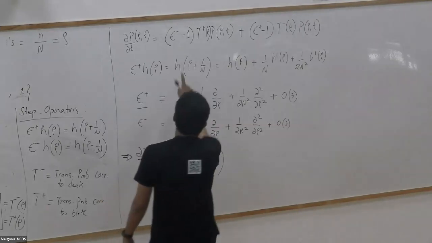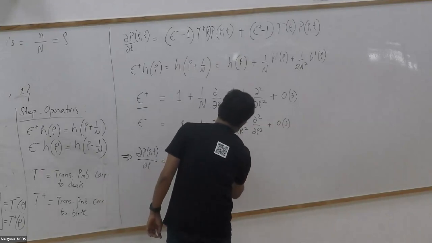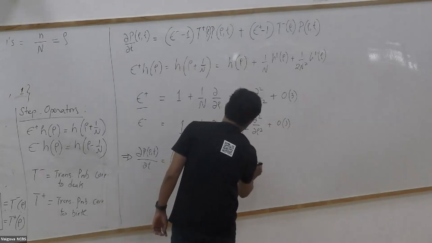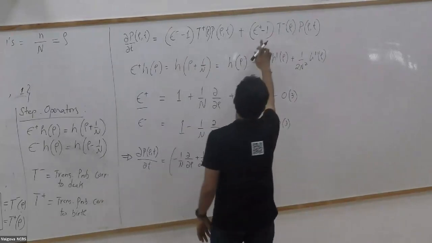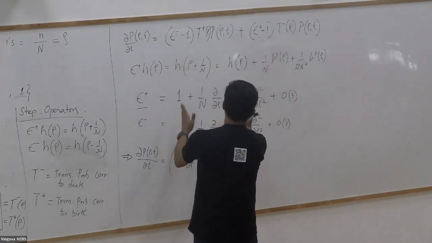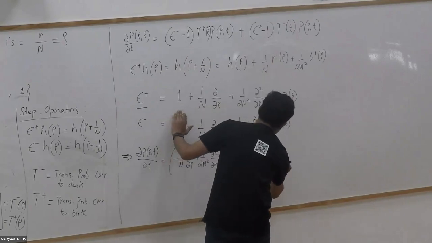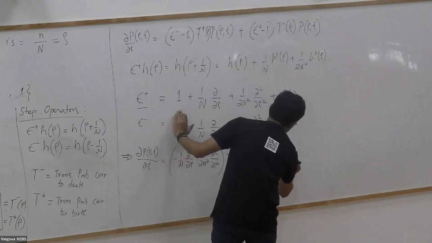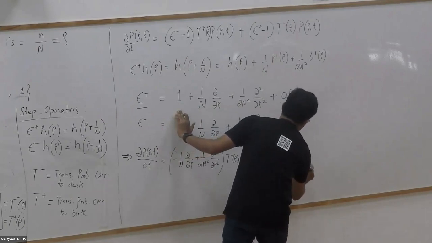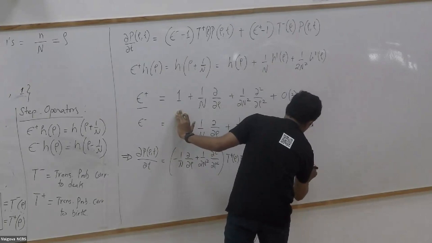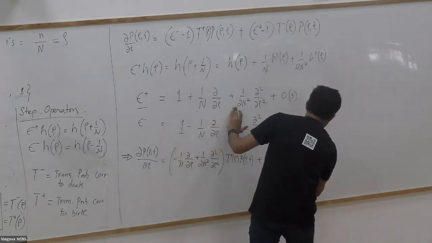Is that fine? So this is this term multiplied by t plus rho times p of rho t, and then we have epsilon plus minus 1, which is this term, times this.